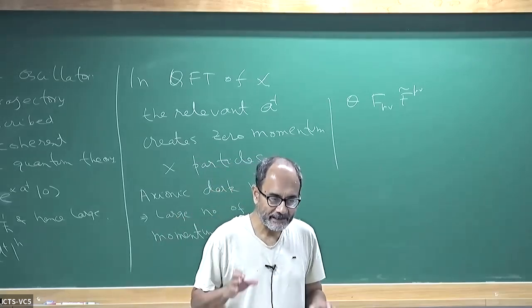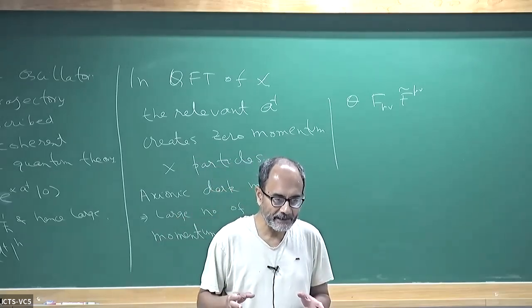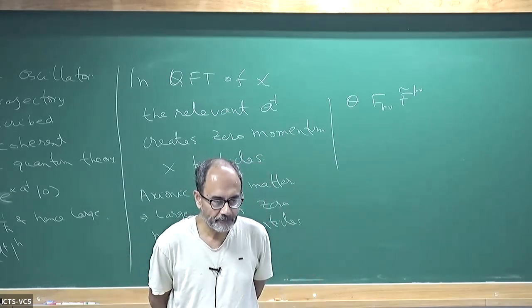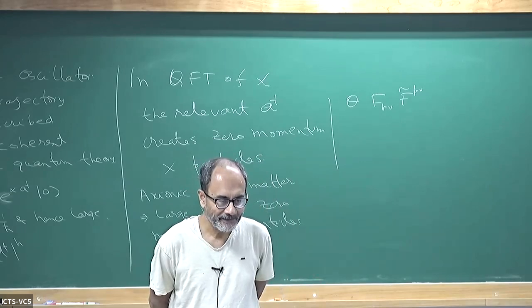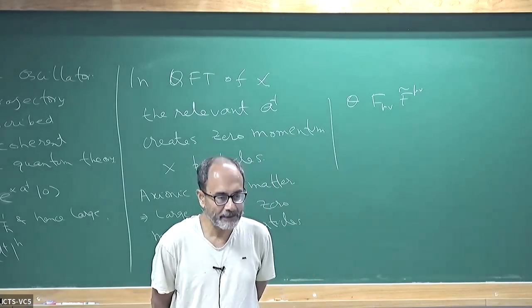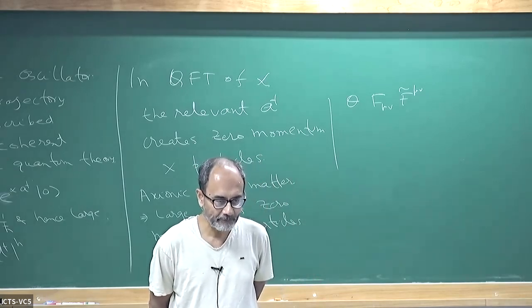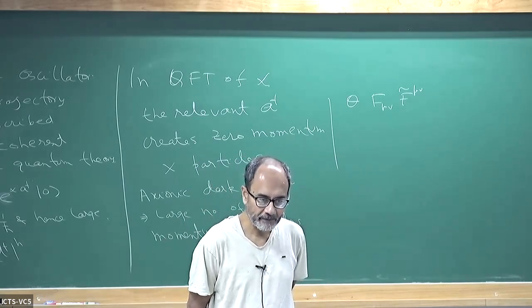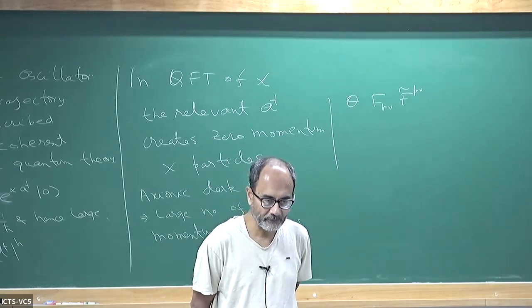This simple extension requires that you are adding this extra particle just to solve the dark matter problem. Whereas WIMPs, for example, are there in supersymmetric theories. You don't have to add them to solve the dark matter problem. If you have a supersymmetric standard model, it automatically has candidate massive particles which are stable or with a very long lifetime.